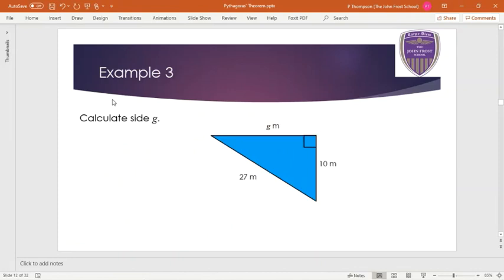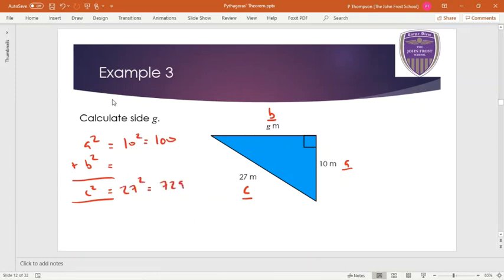Last one then. This triangle's upside down, but it doesn't matter too much. Just remember that the hypotenuse is always the side that doesn't touch the right angle. So this is the hypotenuse here. That'll be my base if the triangle is the right way up, and this would be a. So a squared add b squared equals c squared. A squared is 10 squared, which is 100. I don't know b squared, but c squared is 27 squared, which is 729.